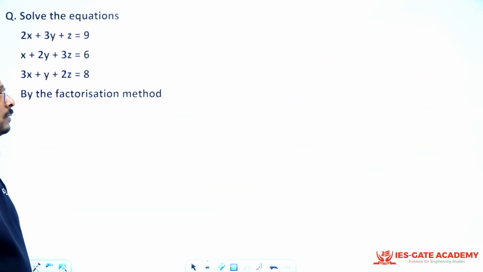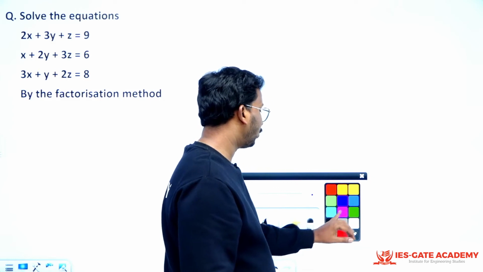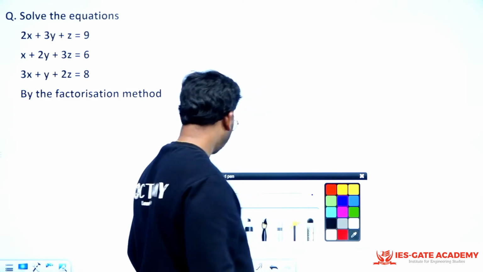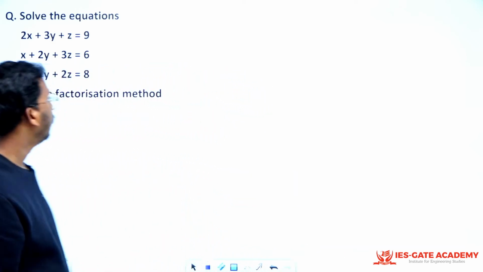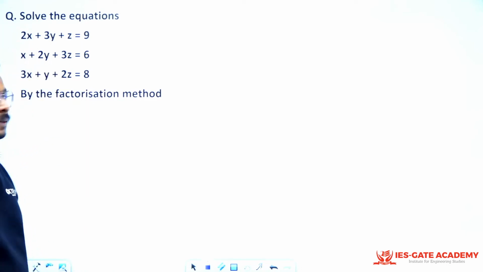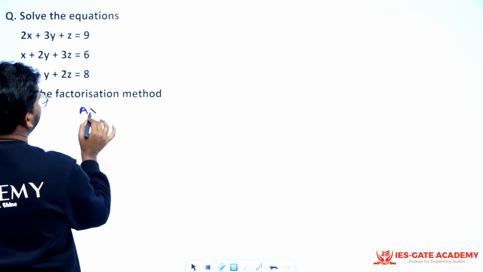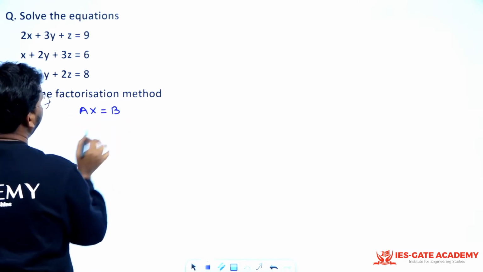So let us do some questions on this. I have taken up one or two previous year questions as well as some textbook questions. So this is a question, he is asking you to solve the equations by the factorization method. So see how we'll do it. You'll have to form your Ax equal to B system.